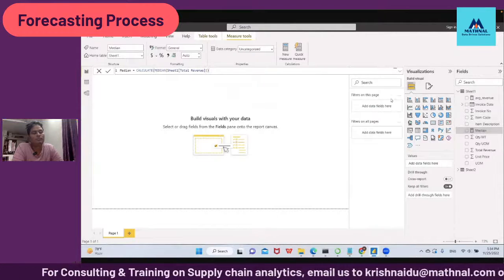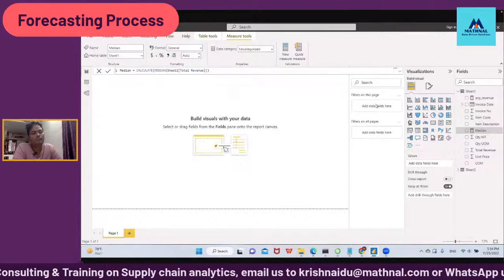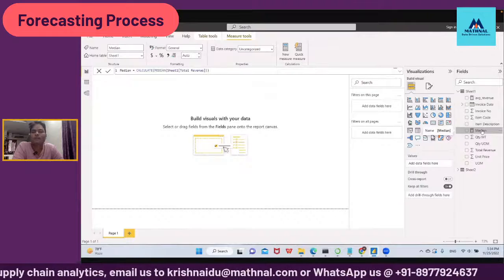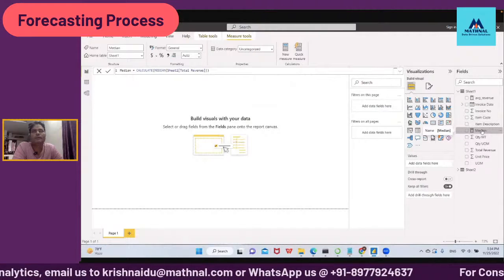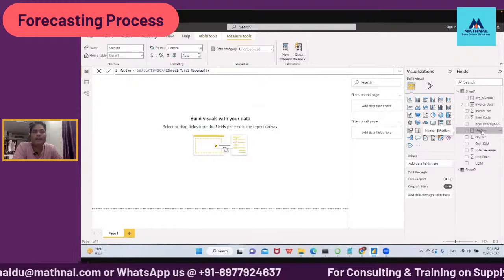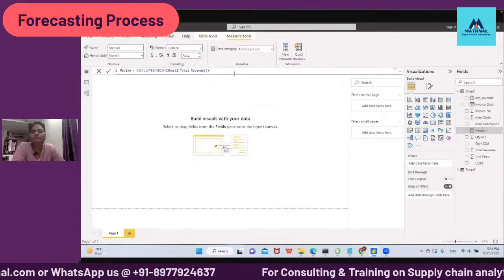Yes, sir. Table, you can see in the... Okay. So now after doing median, we'll find the mode, MODE, mode. New measure.